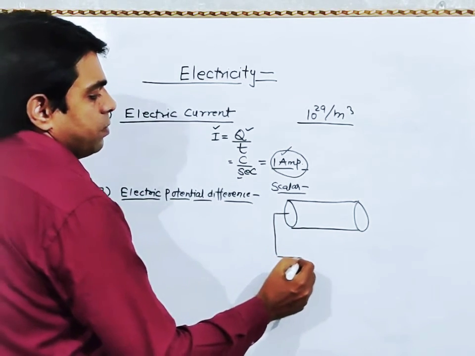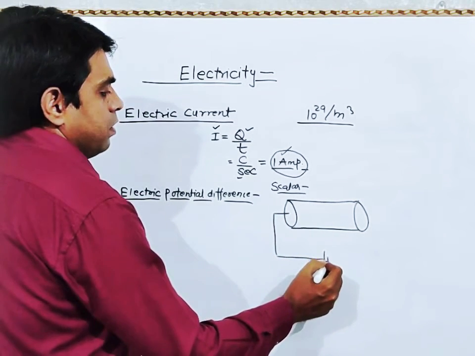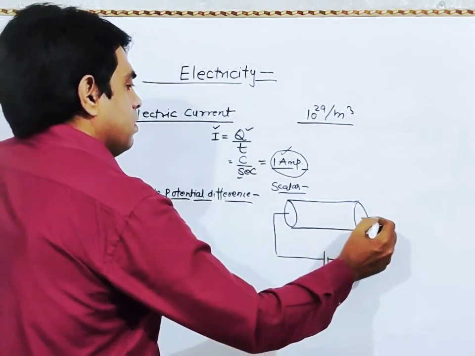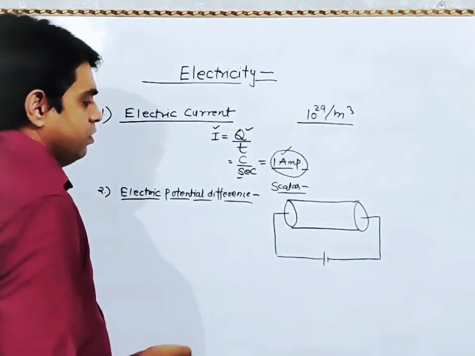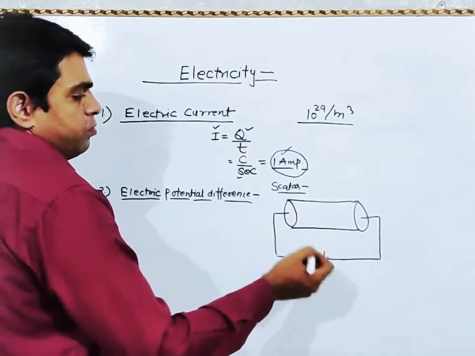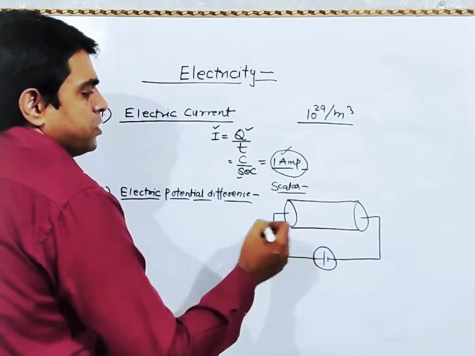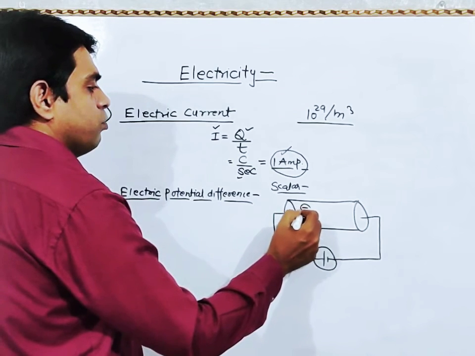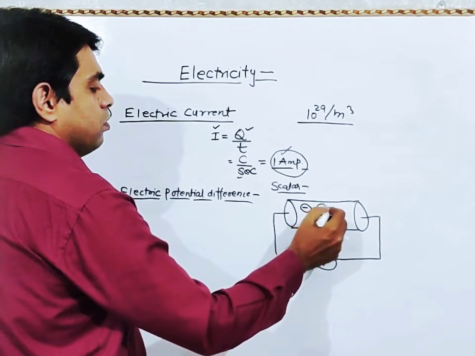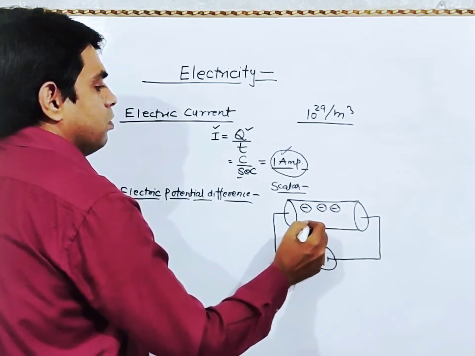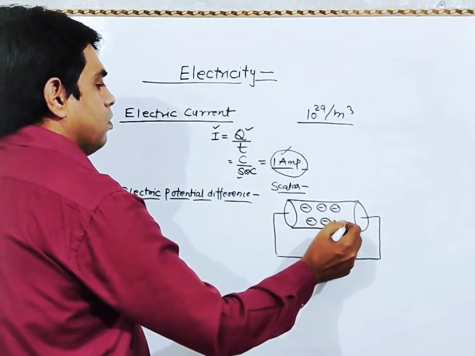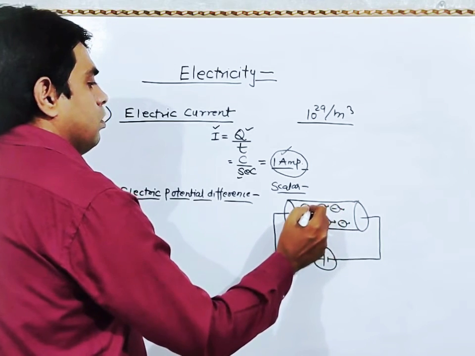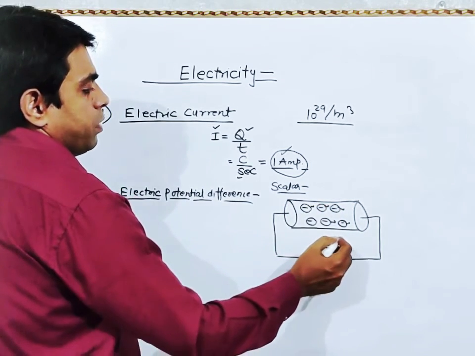Now suppose that we have applied a cell that is the source of electric potential. When we apply the source of potential difference, the charges start to flow in the opposite direction of the applied electric field.